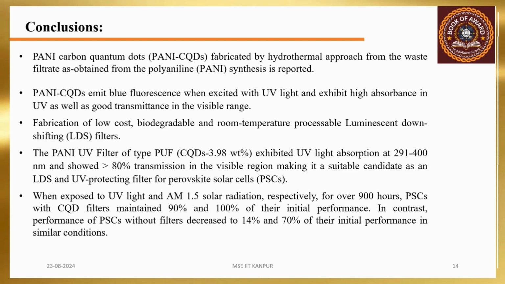This UV filter of type PUF CQDs 3.988%, meaning the Pani UV filter which has carbon quantum dots 3.988%, absorbs the UV light from 291 nanometer to 400 nanometer and shows more than 80% transmittance in the visible region, which makes it a suitable UV filter for perovskite solar cells to protect from UV light.